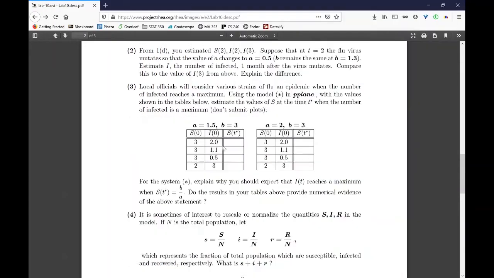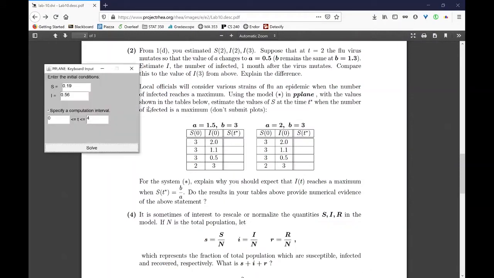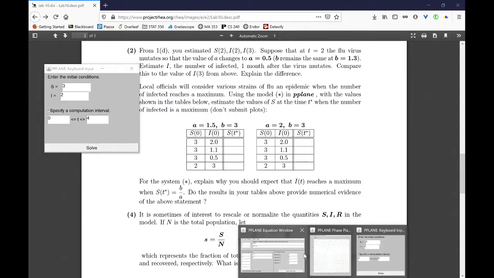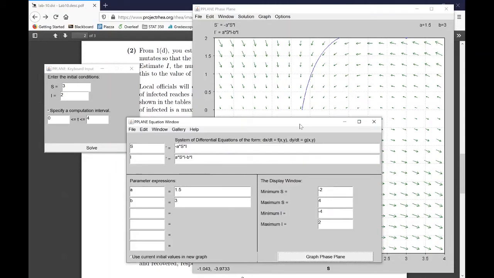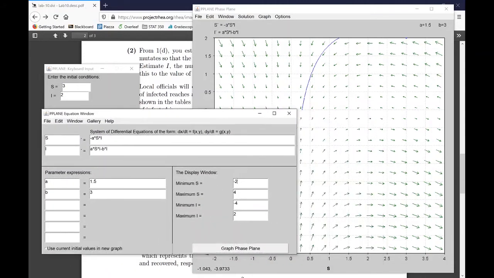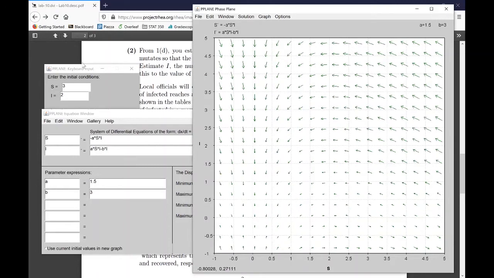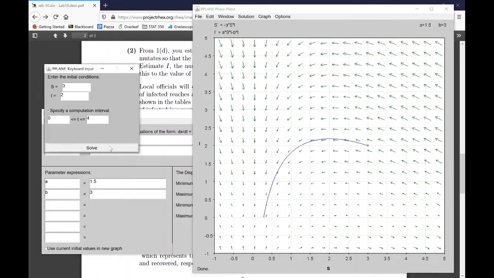So if we graph this here, with our initial condition 3 and 2, and let's solve it, what do we see? This actually goes a little bit off of the graph, so I'm going to change the minimum s to -1, minimum I to -1, and the maximums to 5, just so I can see it better. There we go.